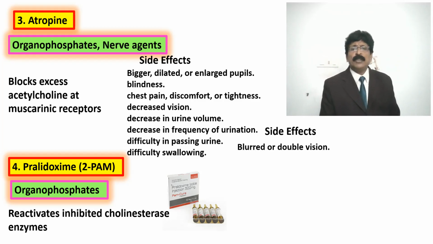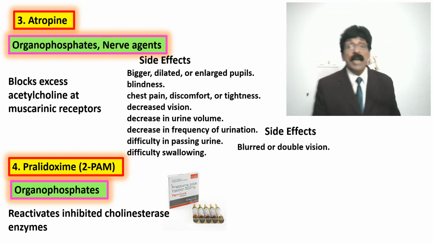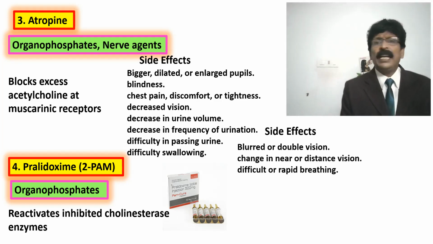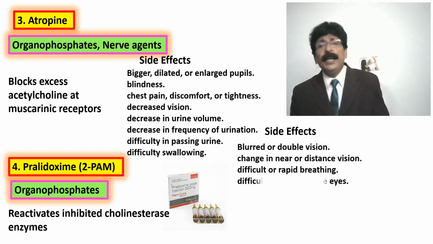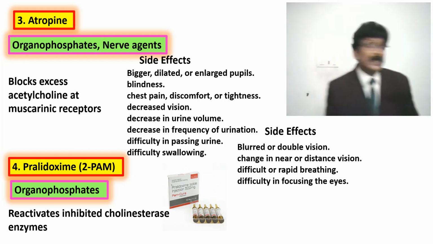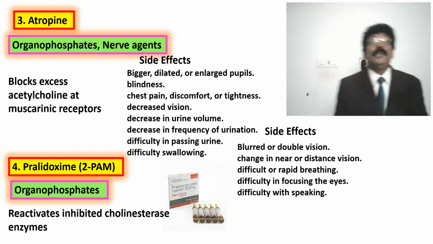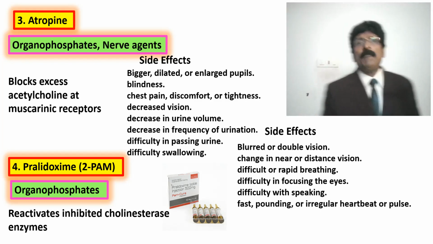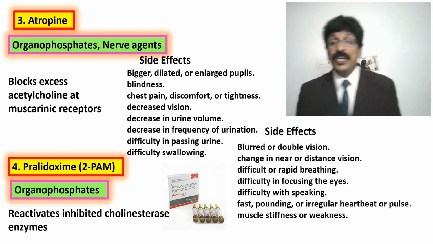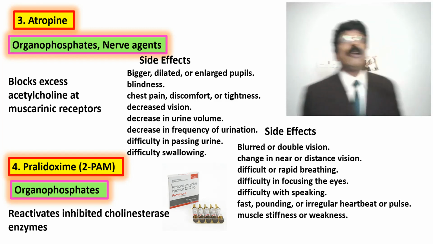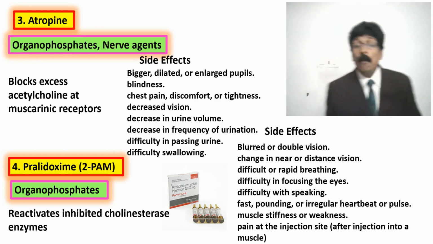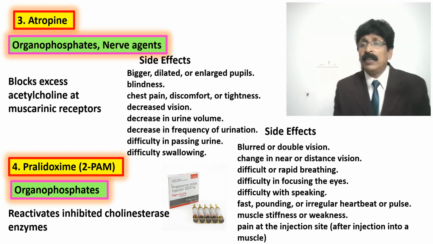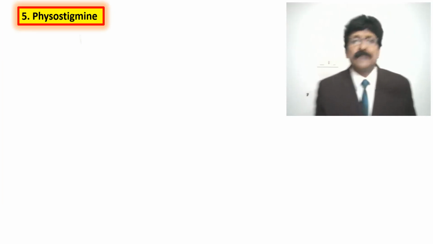Side effects you can see: blurred and double vision, change in near or distant vision, difficulty or rapid breathing, difficulty in focusing the eyes, difficulty with speaking, and fast and pounding or irregular heartbeat or pulse can be seen. Muscle stiffness or weakness can also be seen. Pain at the injection area after injection into the muscle.